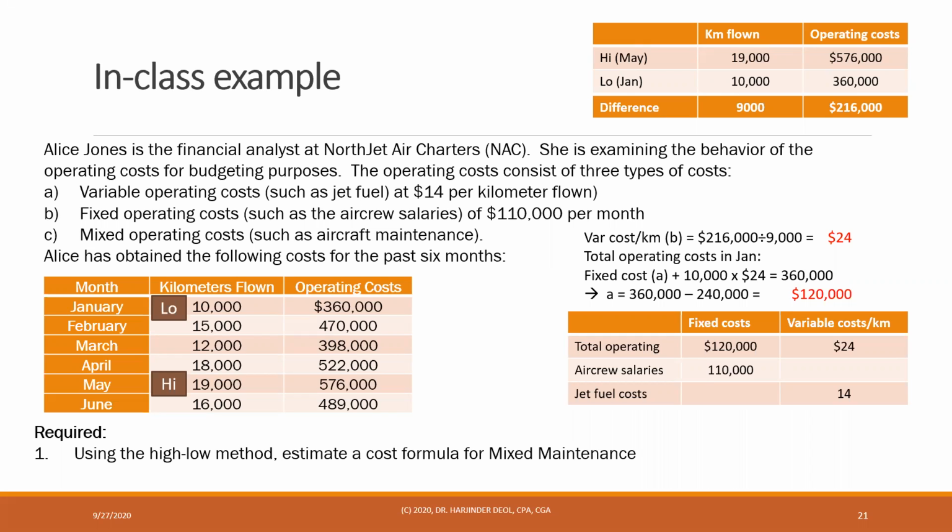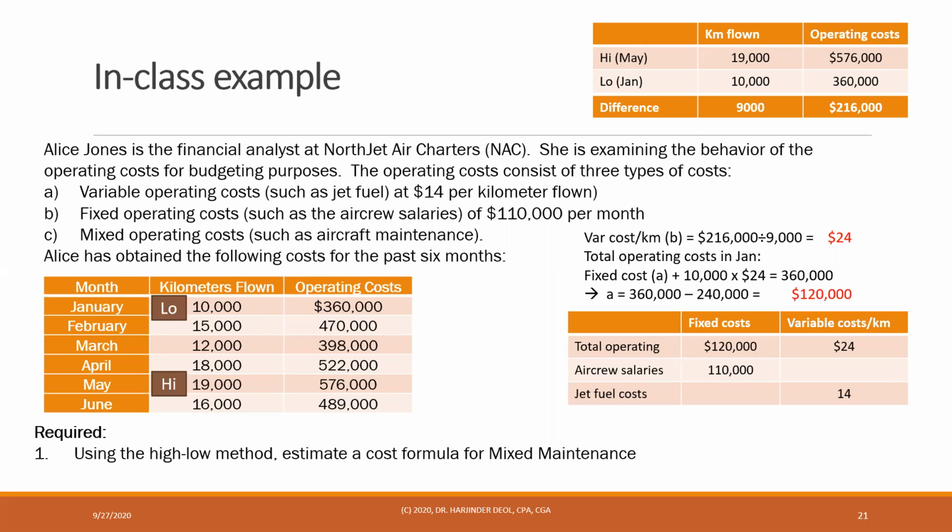Now your total operating cost, the fixed piece of that is $120,000 that you just calculated, and your variable cost is $24 per kilometer. From the information that was already provided under B, they had told us that the fixed operating cost was $110,000.